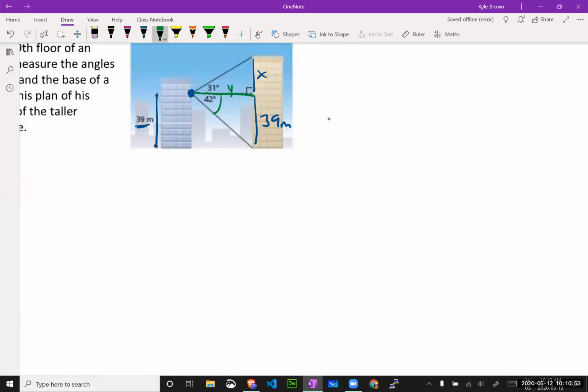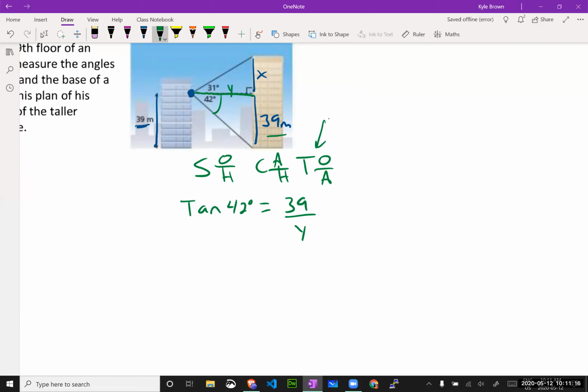Okay, so if I'm looking for y there, according to SOHCAHTOA, we have the opposite side, and we're looking for the adjacent. So that's tan. So we'll say tan of 42 degrees is equal to 39 over y.